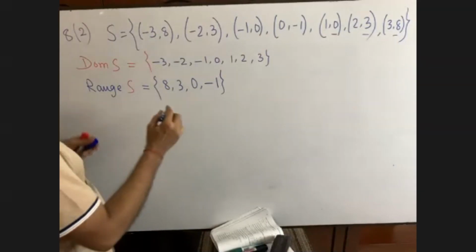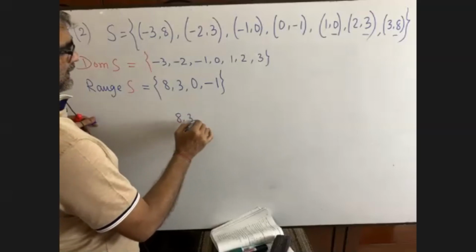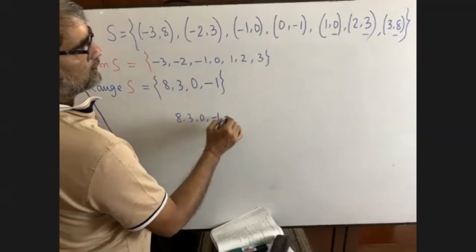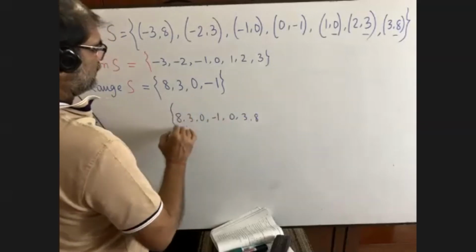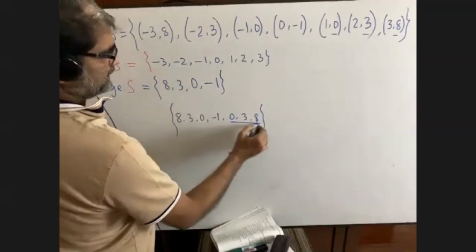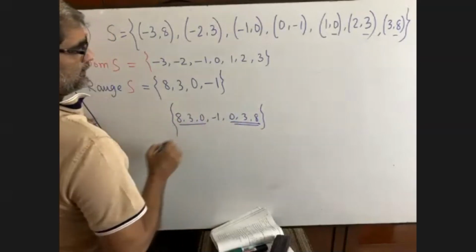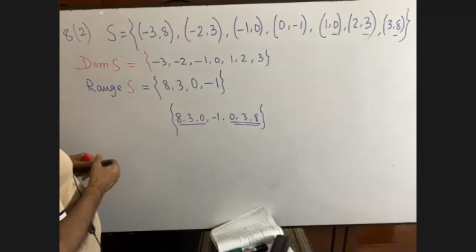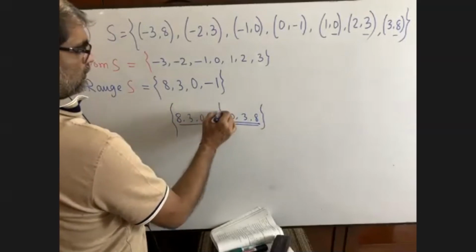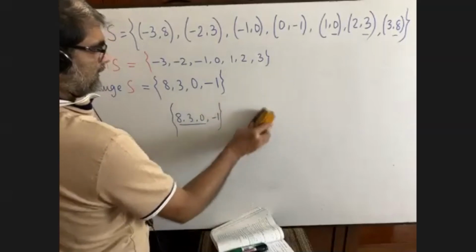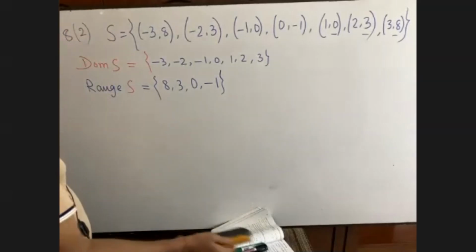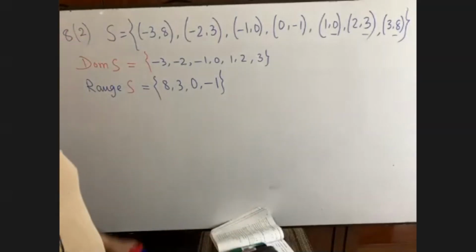What should be here? 8, 3, 0, -1, 0, 3, 8. But in a set, we see they are repeated. So in a set, we don't write down the elements which are repeated. Have you got me? Okay. So it is our range.